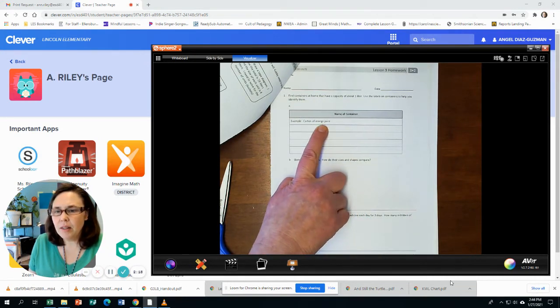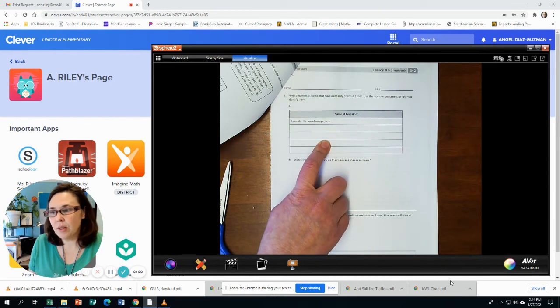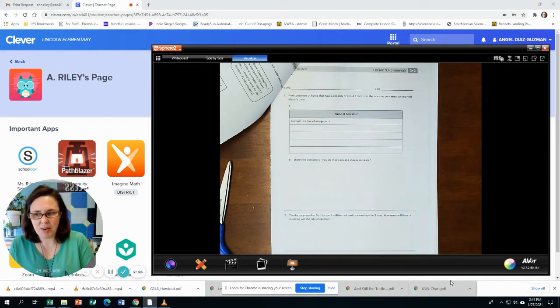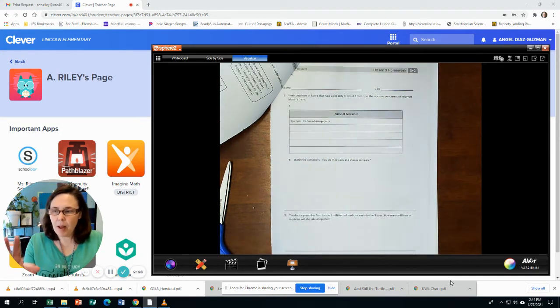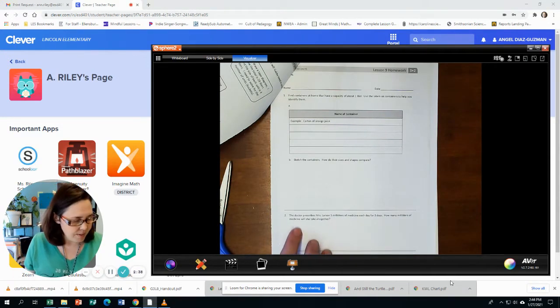So I want you to get maybe 3 containers, at least 3 containers that you think are about 1 liter. And sometimes you can tell by the label on the container. And then just line them up and sketch them and show how they're different, because a carton of orange juice is going to look really different than a bottle of shampoo. So give that a shot.